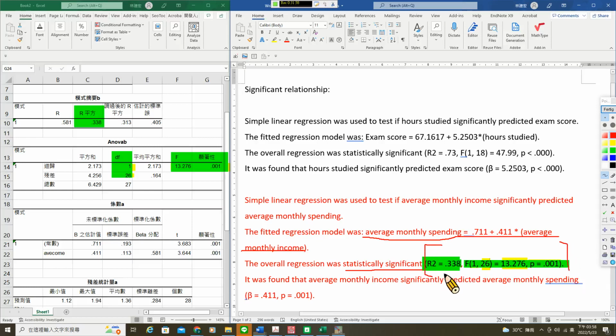The R square is 33.8%, and the variance based on the degree of freedom 1 and 26, the F score is 13.276. The probability of them having no relation is only 1 out of 1,000. So it's much lower than 0.05, right? So this one is significant.